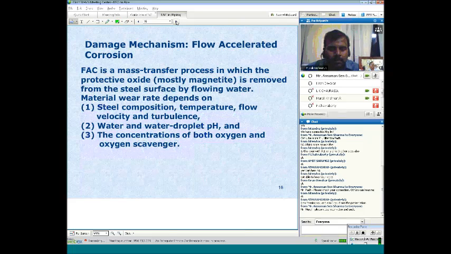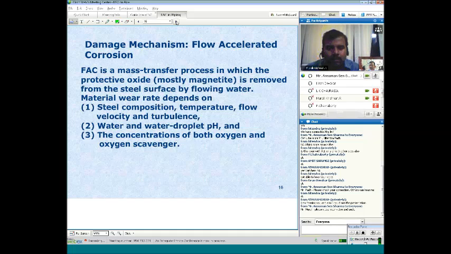Now, after the study, it was found that in certain areas the flow accelerated corrosion is more severe. So based on that, it is now understood that it is basically a mass transfer problem. That is, iron transfer is taking place.